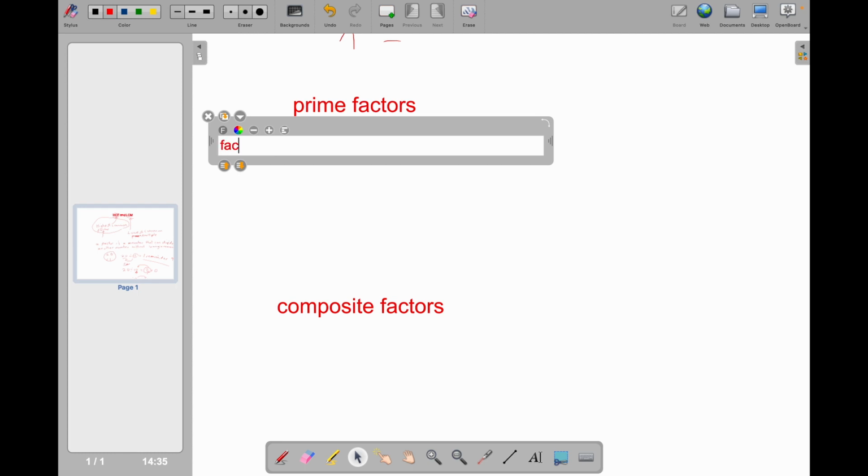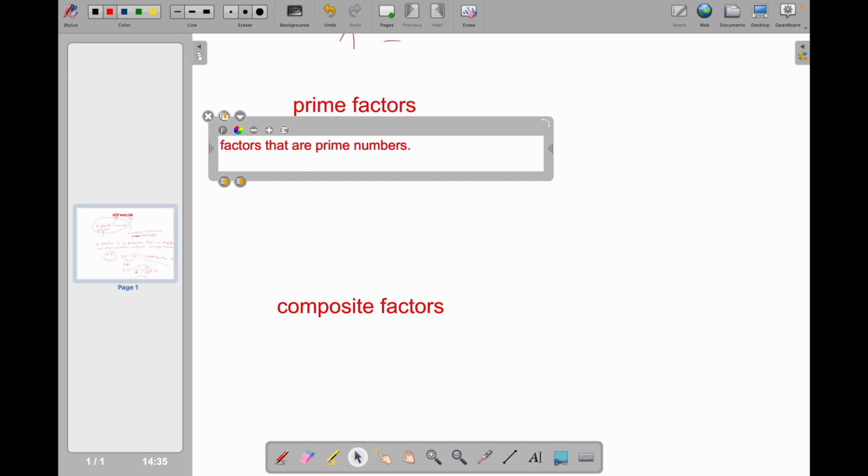When you talk about prime factors, these are factors that are prime numbers. Factors that are prime numbers. What I mean is they can't be further divided.